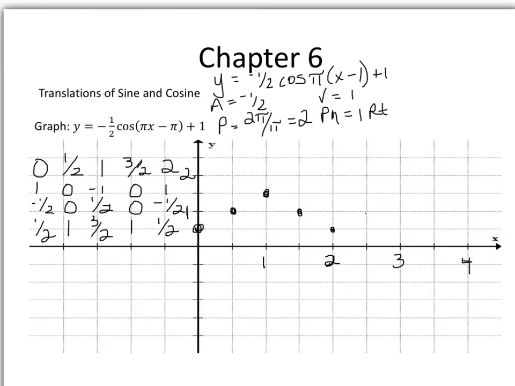I can repeat that. And I could repeat it in the negative direction as well if I didn't have all this stuff written here. Now, this is not my graph, because remember that there's a phase shift of 1 unit to the right.